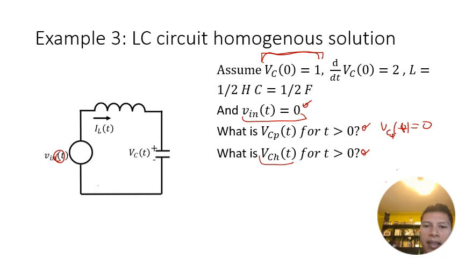So we said that VCs of 0 equals 1, and the derivative of VCs of 0 equals 2. Remember that our homogeneous solution, VCs of t, is actually B1 cosine t over the square root of LC.